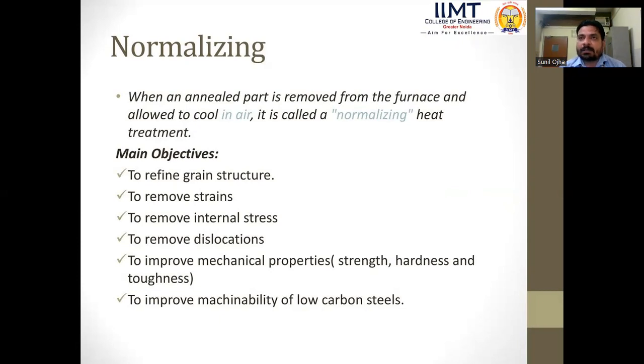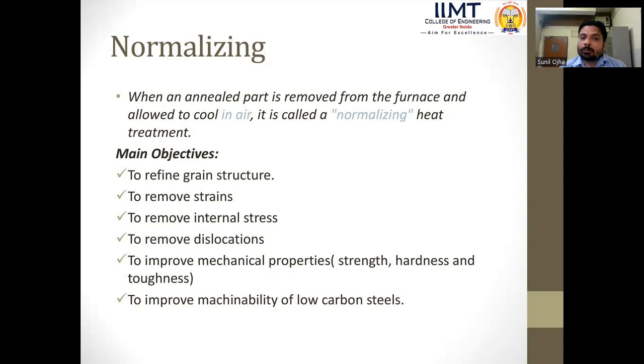The difference between annealing and normalizing is that in the annealing process, as we discussed in the previous topic, the cooling is done inside the furnace, and in the normalizing process, cooling is done outside the furnace in cool air or still air.